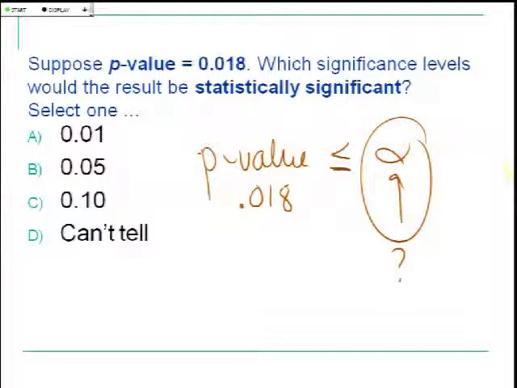B or C. You would not be significant at 1%, but you would at 5 or 10% or anything larger than 0.018. Is that okay? Usually the alpha is set up front, and then you compare your p-value to it. If you know alpha and you know you were significant, you can tell me what the p-value must have been about: something less than or equal to that alpha.